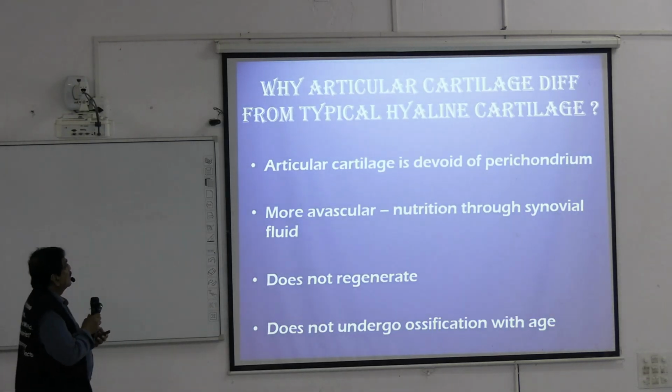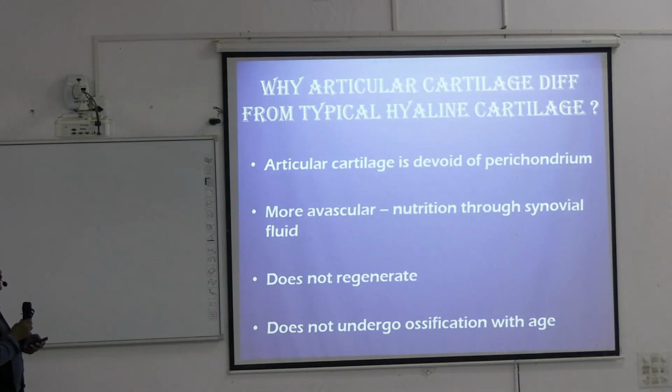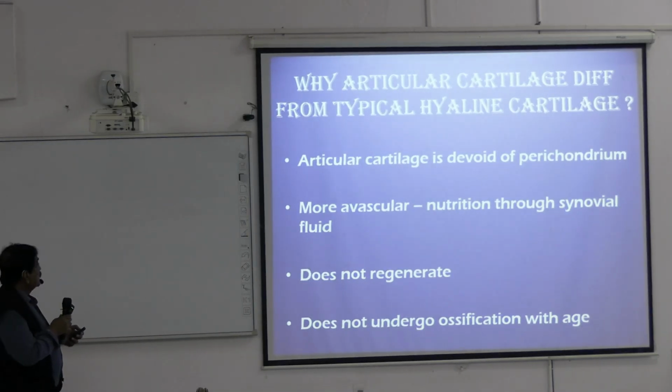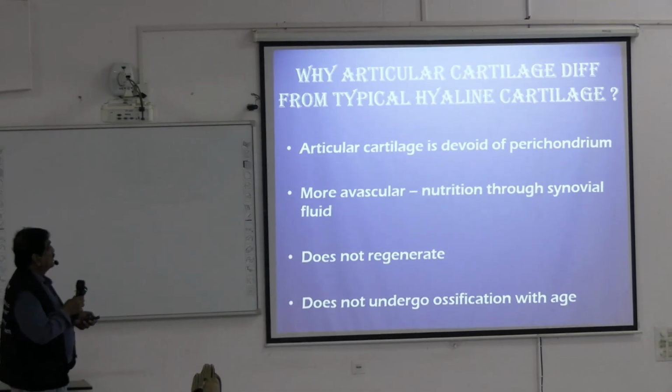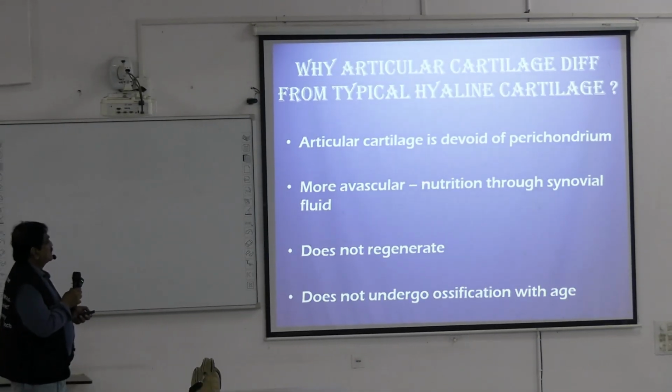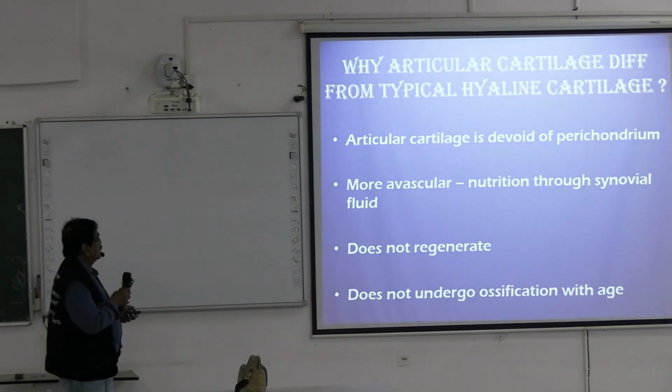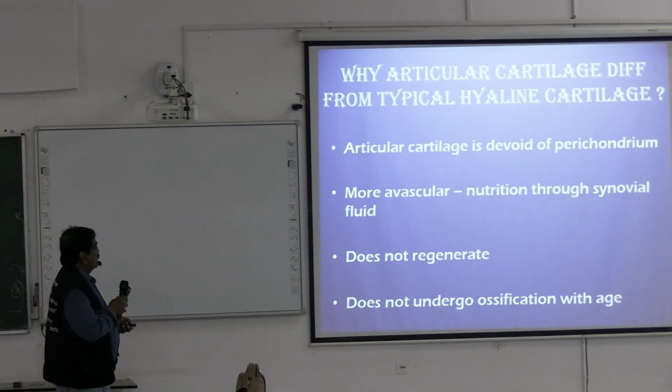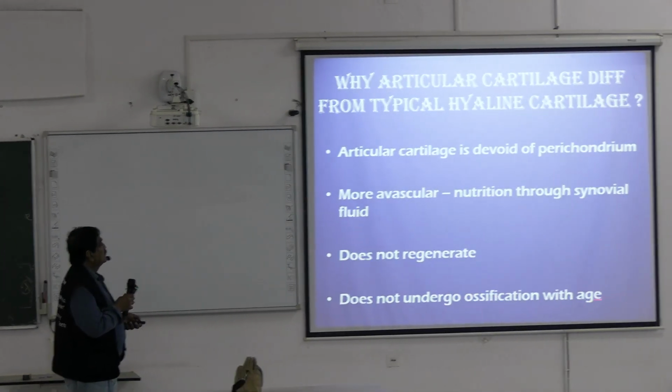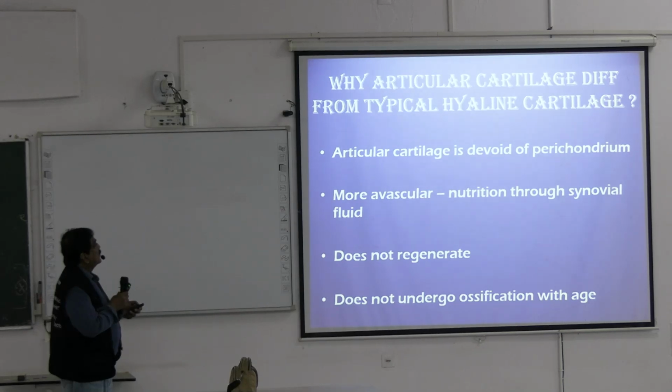Why does articular cartilage differ from typical hyaline cartilage? Articular cartilage is devoid of perichondrium, avascular, receives nutrition through synovial fluid, does not regenerate, and does not undergo ossification with age. That is how articular cartilage differs from typical hyaline cartilage.